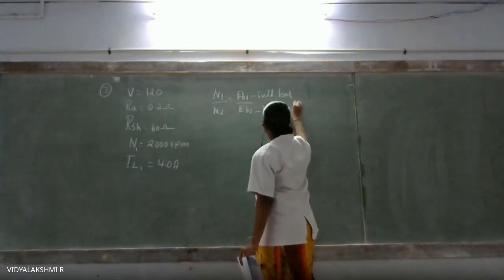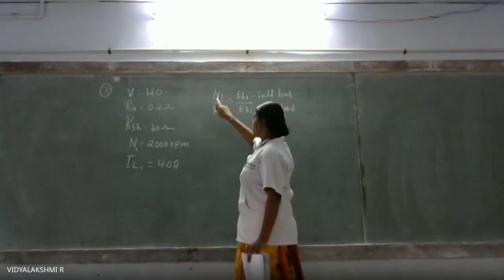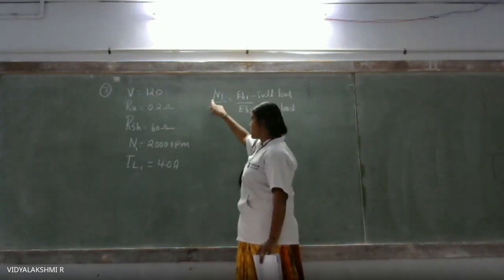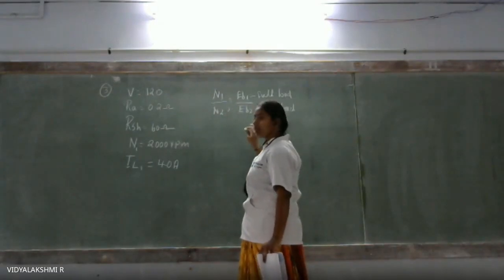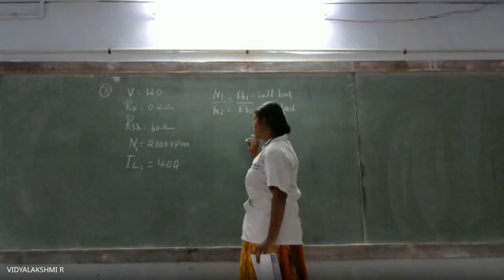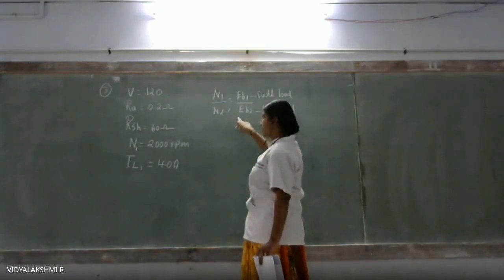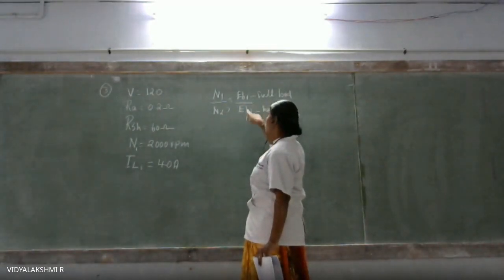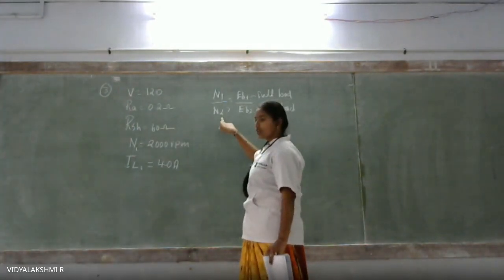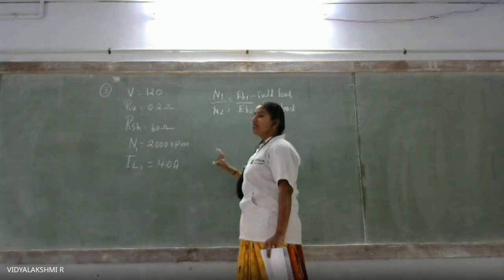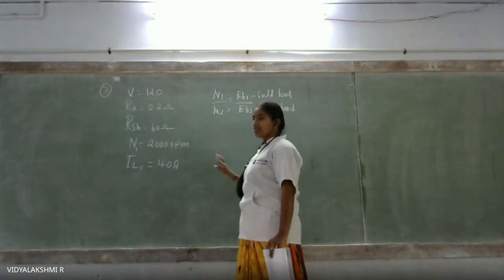I'm going to find out N2, the half load speed. For that you have to find out EB1 and EB2. If you know EB1 and EB2, then only you can find out the N2 value. It is the same formula which I used in the second problem.